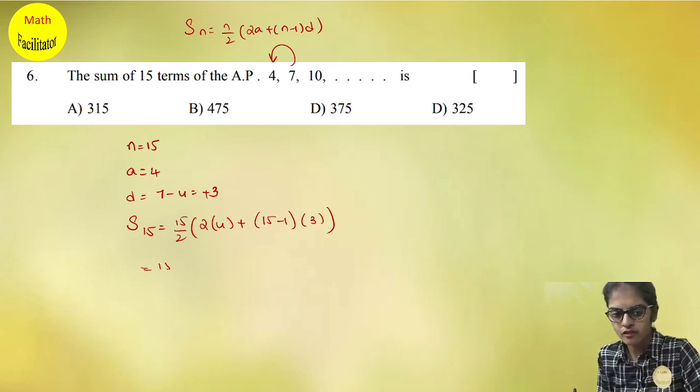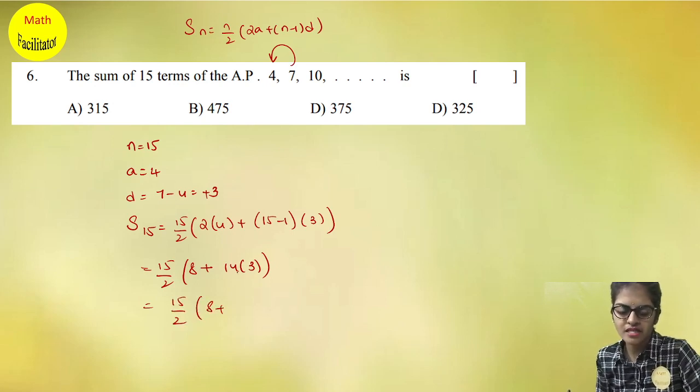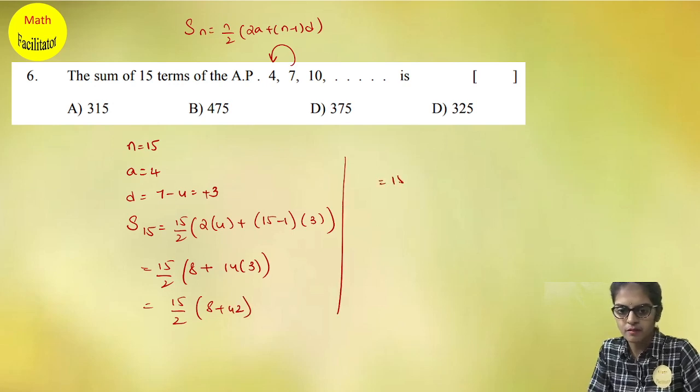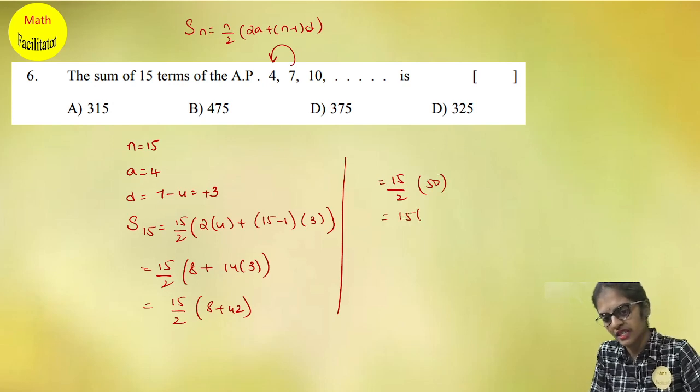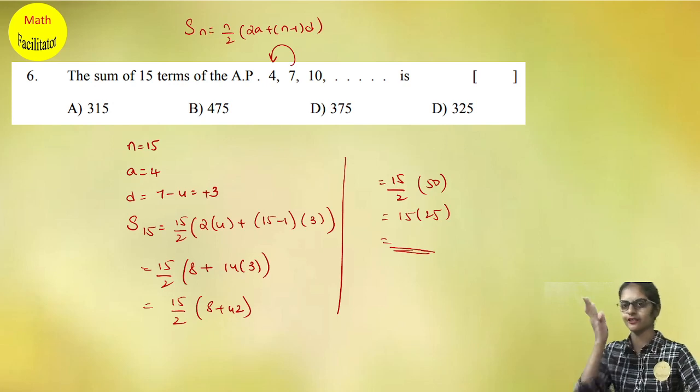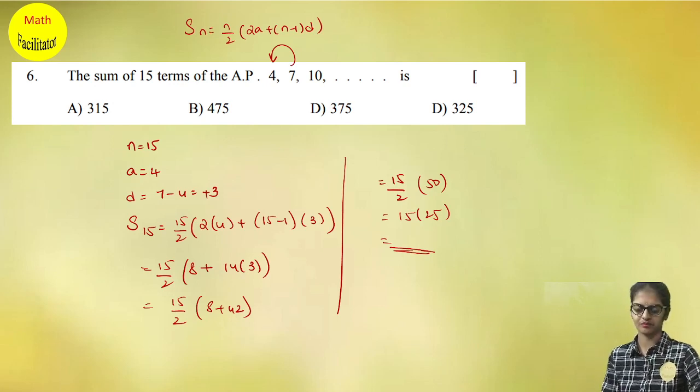So 15 by 2 into 2 into 4 is 8 plus 14 into 3. So this is 15 by 2 into 8 plus, how much is this? 14 into 3, 4 3s are 12, 42. So this is nothing but 15 by 2 into 50. So 15 into 25. So please write the final answer and take the correct option. Okay? Easy.